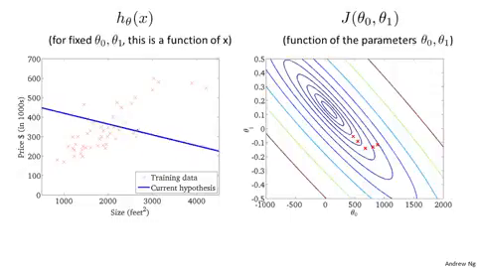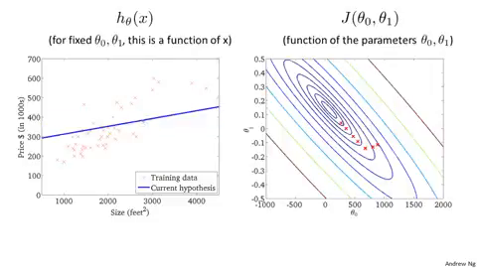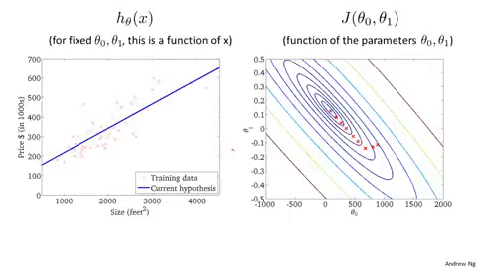And if you look on the left, this corresponds to hypotheses that seem to be getting better and better fits to the data, until eventually I've wound up at the global minimum, and this global minimum corresponds to this hypothesis, which gives me a good fit to the data.